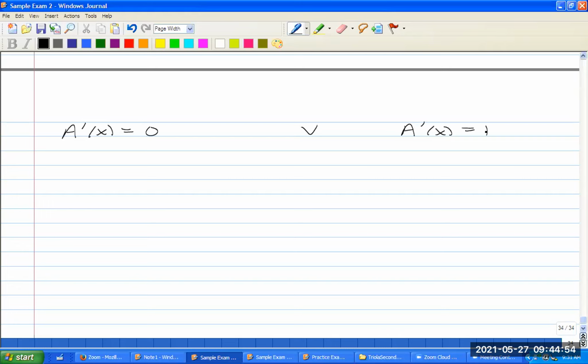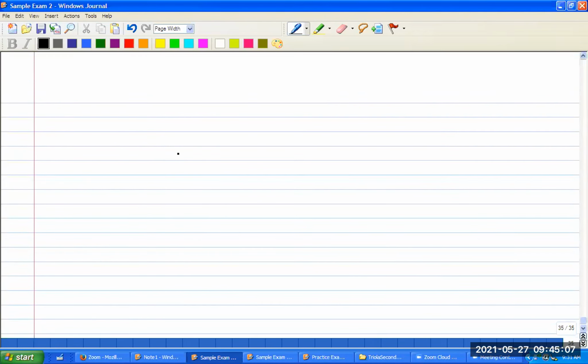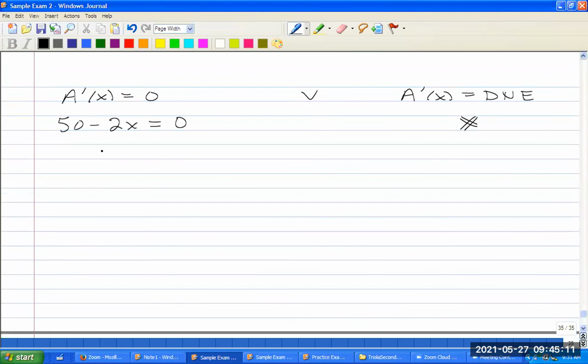Well, it's a polynomial, so this doesn't give us anything. So set 50 minus 2x equal to 0 and solve for x. And so x is equal to 25. Let's do the second derivative test.